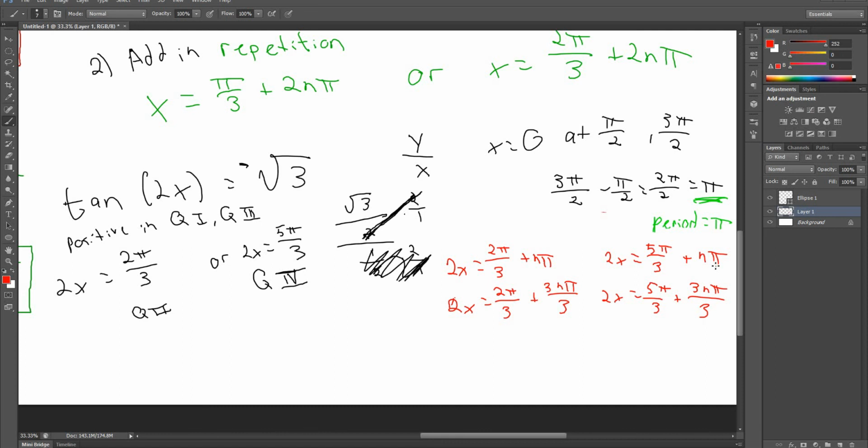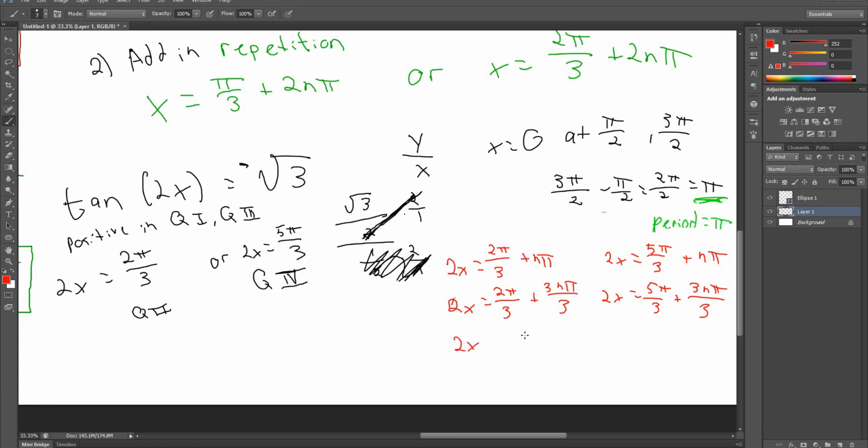From here, we can then combine our fractions.